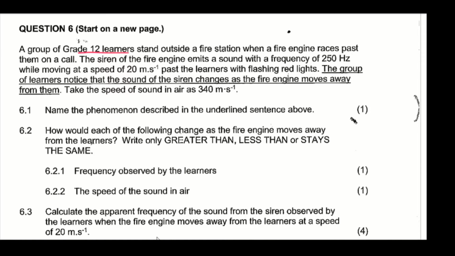The siren of the fire engine emits a sound of frequency 250 Hz while moving at a speed of 20 meters per second past the learners with flashing red lights. The group of learners notice that the sound of the siren changes as the fire engine moves away from them. Take the speed of sound in air as 340 meters per second.